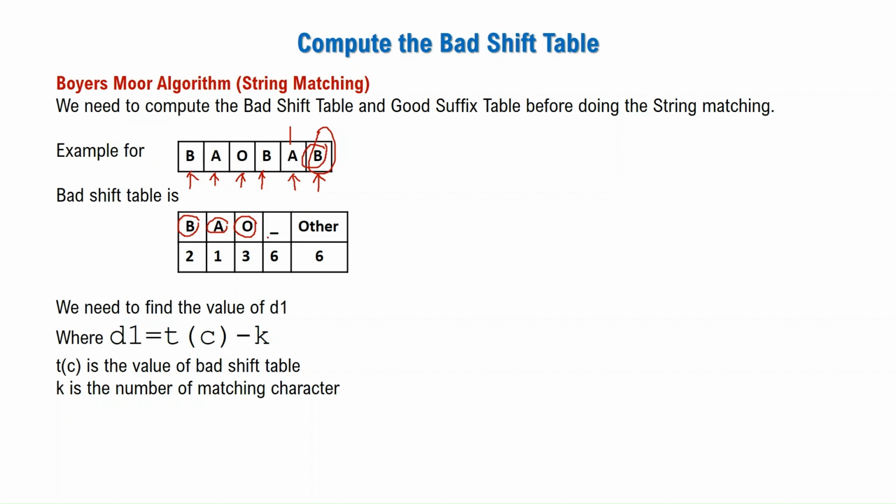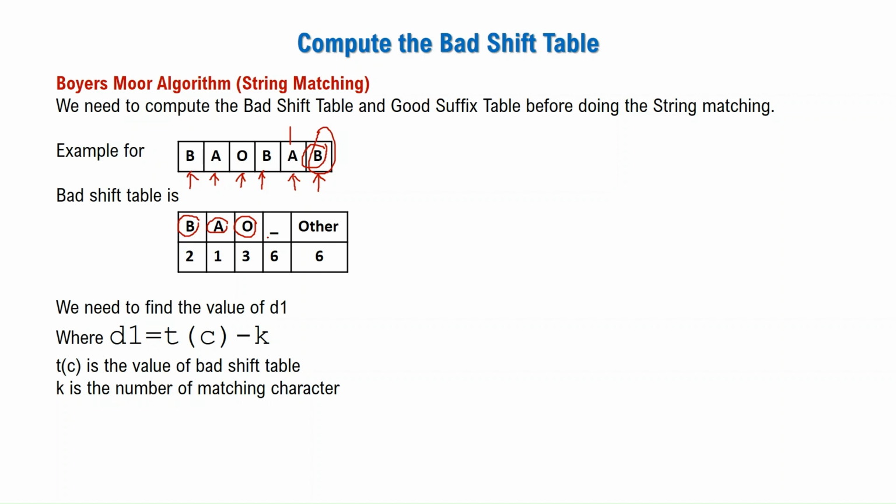Suppose any one character is matched, say O is matched, then the shift table value of O here is 3. Just take down 3. Now what is the value of K? K is nothing but the number of matching characters. What does the number of matching characters mean?